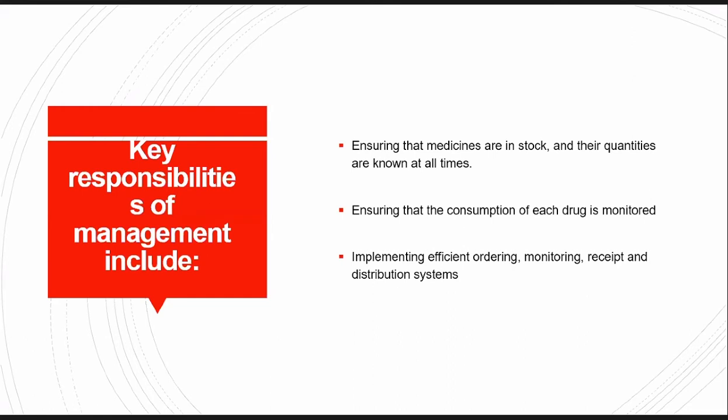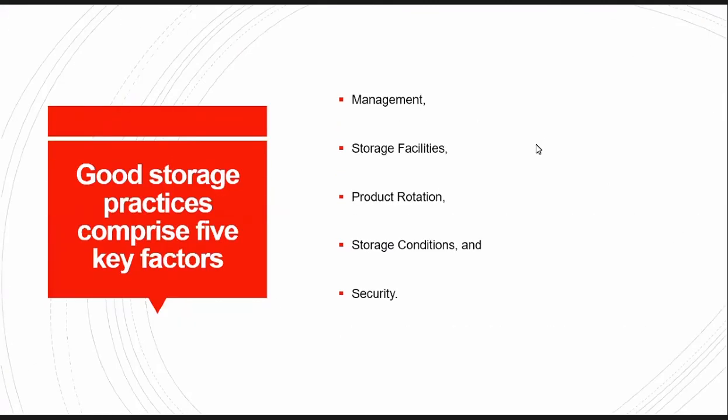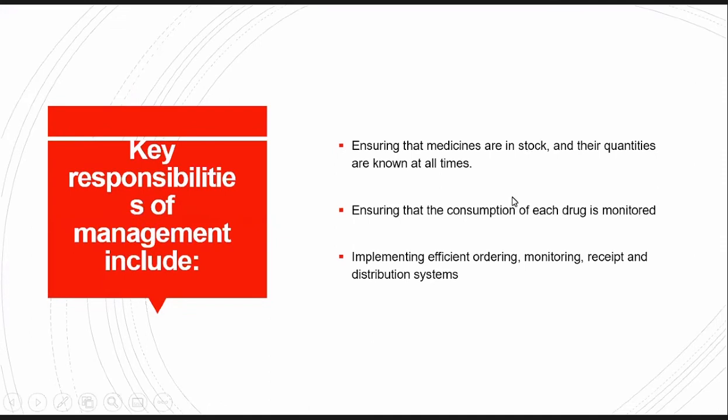Okay, so in the same line, you have to ensure that consumption is monitored for each product. We'll briefly explain how that will be done using Excel. Okay, you have to implement efficient ordering monitoring system as well as it denotes that there are not going to be any delays in the process.